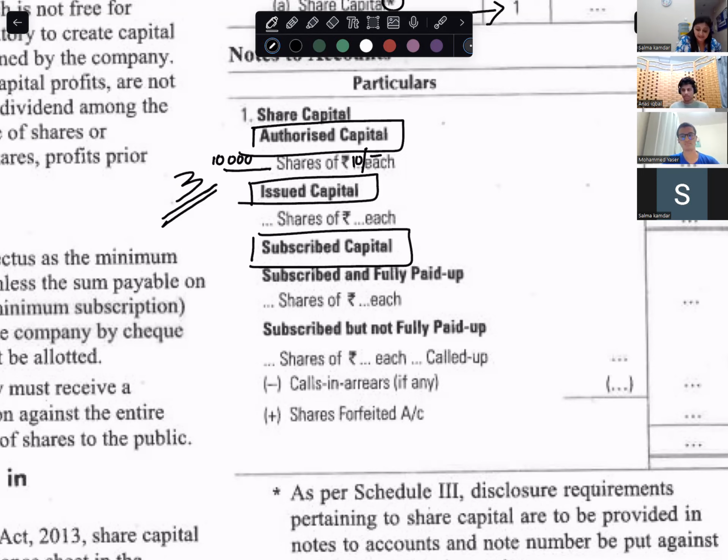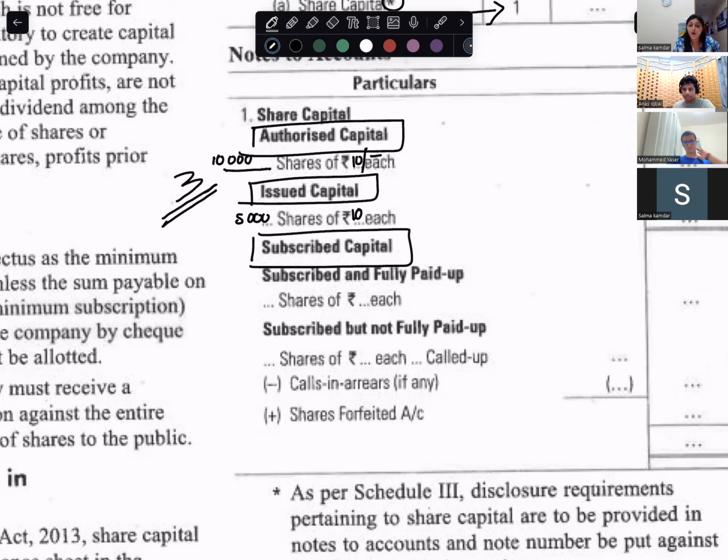Issued share capital, say 5,000 shares of rupees 10 each. Subscribed, so many shares of rupees so and so each. Subscribed and fully paid up also remains the same.